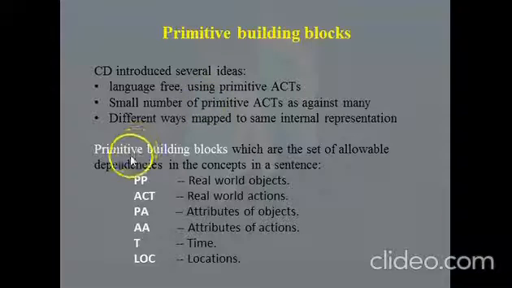Besides these acts, we can also use primitive building blocks, which are the set of allowable dependencies in the concept in a sentence, where PP is a real world object, which is a short form of picture procedures, where these are the agents performing actions.